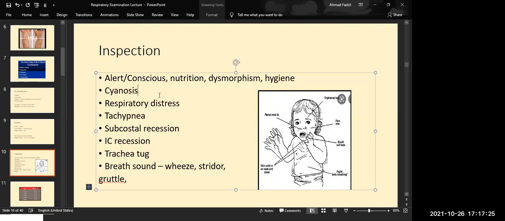Dysmorphism. Look whether cyanosis or not. Very important if the patient is in respiratory distress. Evidence of respiratory distress is tachypnea, subcostal recession, intercostal recession, tracheal tug, breathing sound, wheezing, stridor, or grunting.